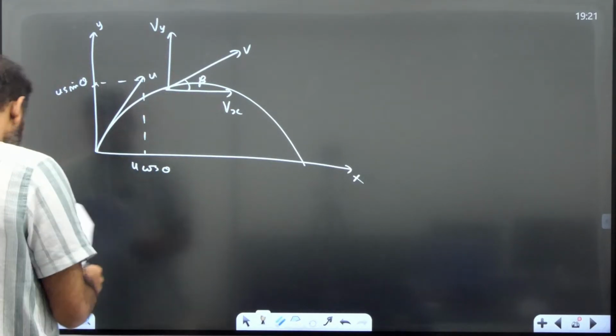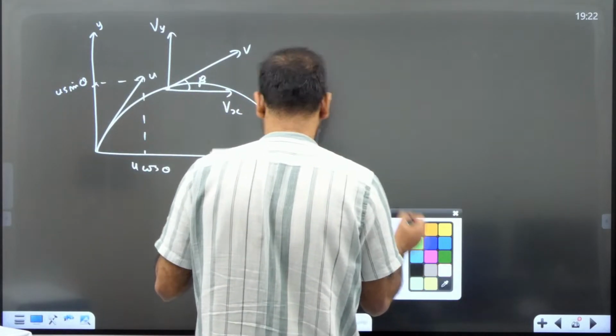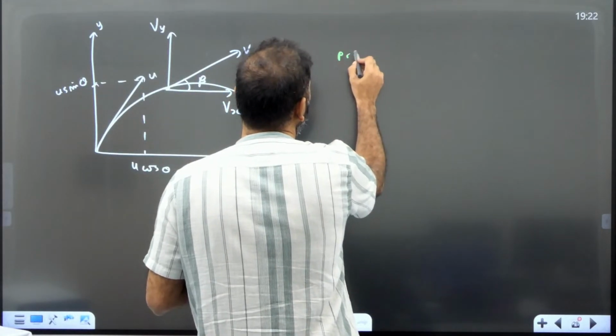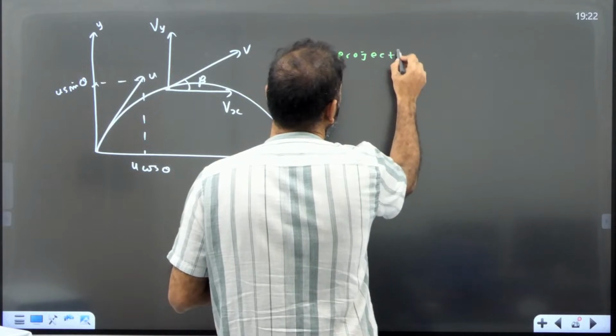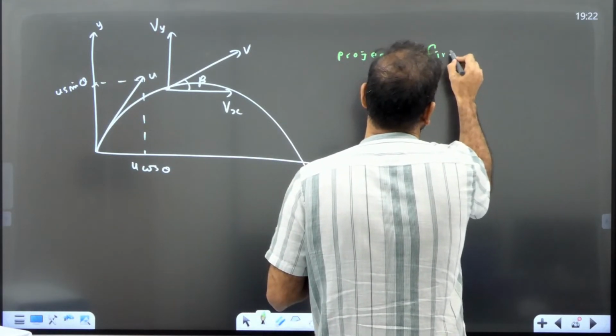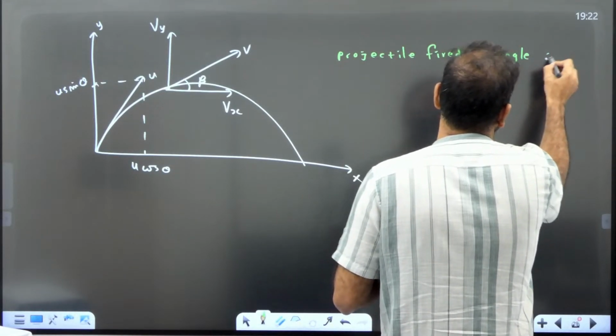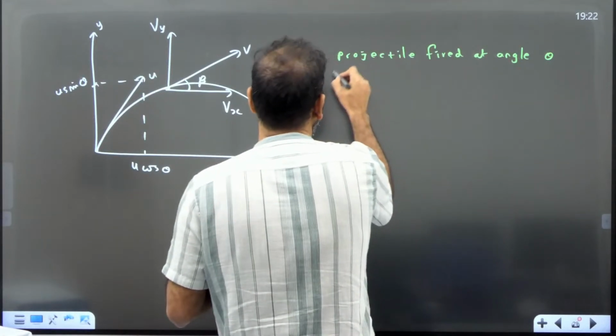Now the explanation of this figure: a projectile fired at an angle theta with the horizontal.